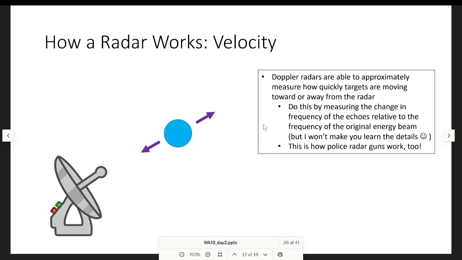Doppler radars are able to approximately measure how quickly targets are moving to or from the radar. It was very difficult to understand at first. It makes sense to me now, but with velocity there's a lot of kerneling and smoothing because there are some problems with velocities and their detection by the radar.